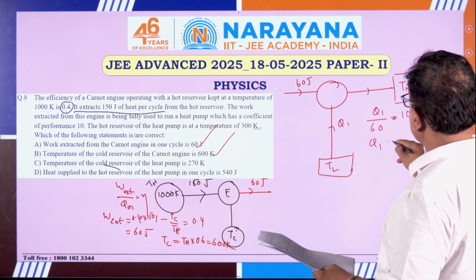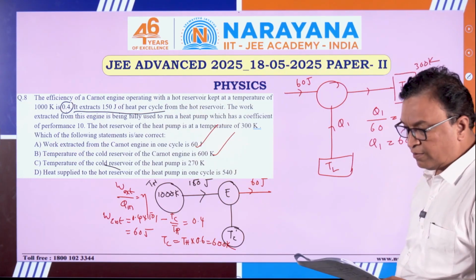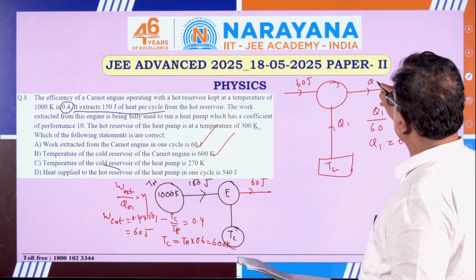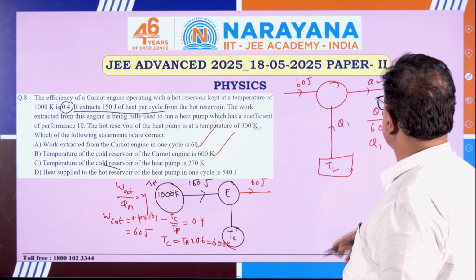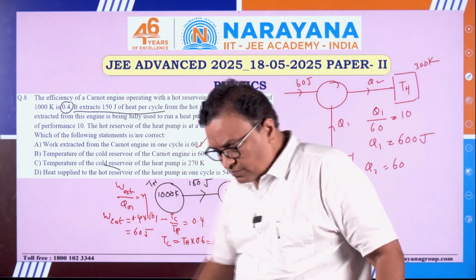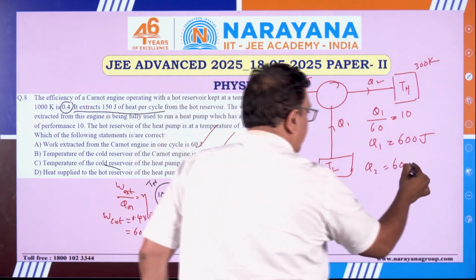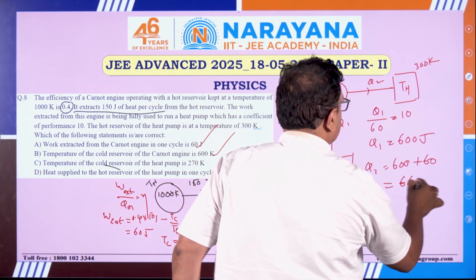So Q1 is 600 joules. Hold on. So therefore, what is Q2? Q1 from this side, and 60 joules from this side. So Q2 becomes 600 plus 60, 660 joules.